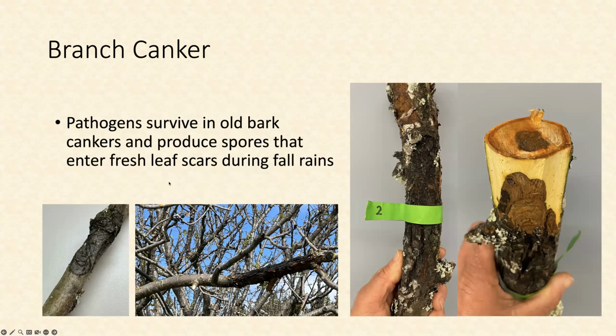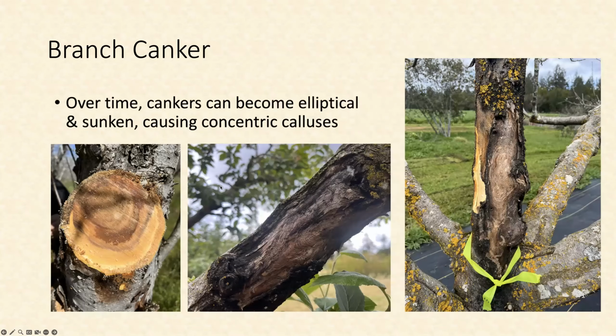So pathogens survive in this old bark, unfortunately, in the cankers, and produce spores that can then enter fresh leaf scars when it rains in the fall and throughout the winter. And over time, in the more extreme case, if you don't deal with it or prune it out in a timely manner, this can grow into a pretty large canker. So we have this elliptical, sunken, concentric rings, and that's a more advanced stage of this.